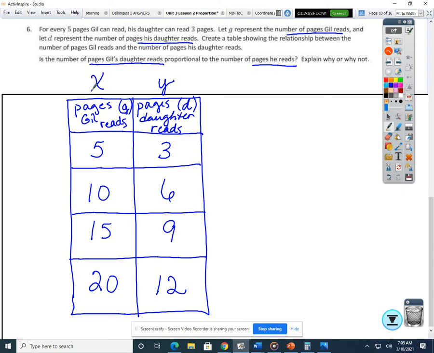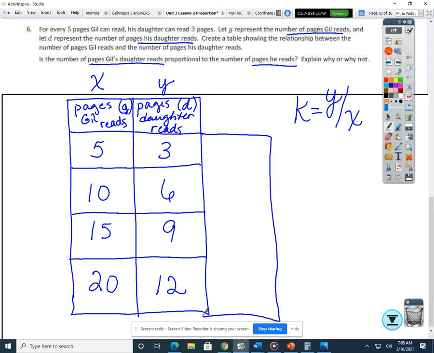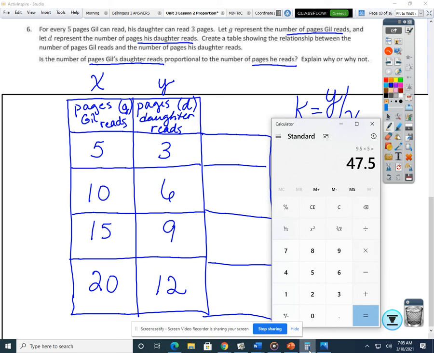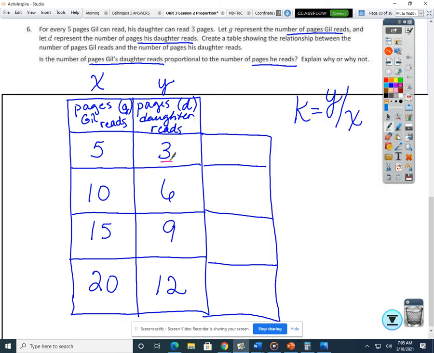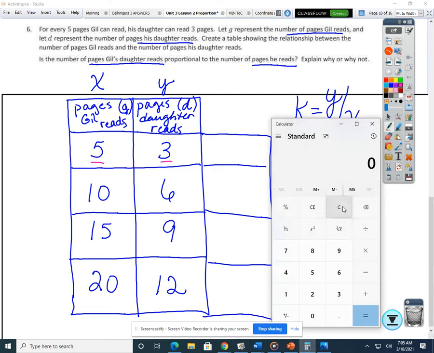So now we can use our formula K is equal to Y divided by X, and we can determine what is our unit rate in each case, and is that going to be a constant unit rate? For this, we will need our calculator, because for our first one, our Y is 3 divided by our X of 5, so 3 divided by 5 gives us 0.6.